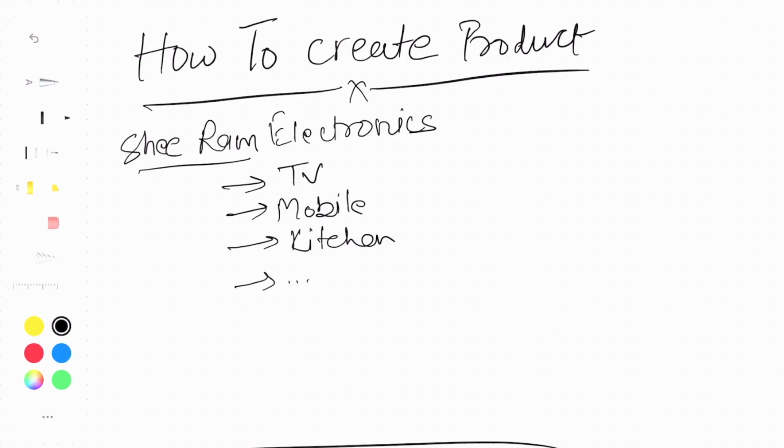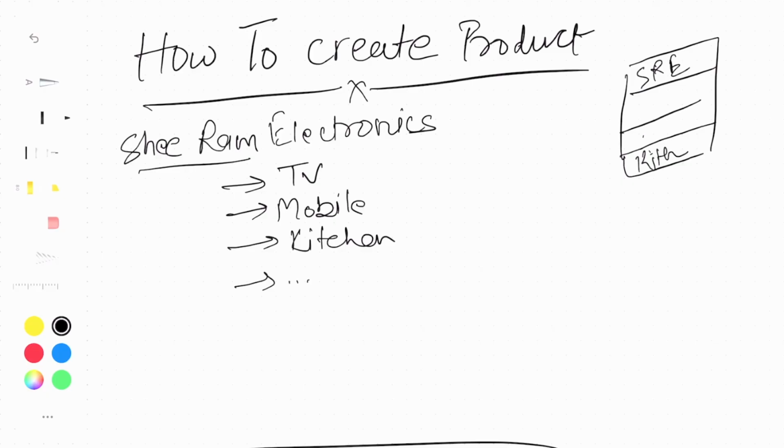So we have Sri Ram Electronics, which has different floors. It is an electronics store, and we have different sections: the first section contains kitchen, then mobile, then TV, and many more. Let's suppose we pick the mobile section.